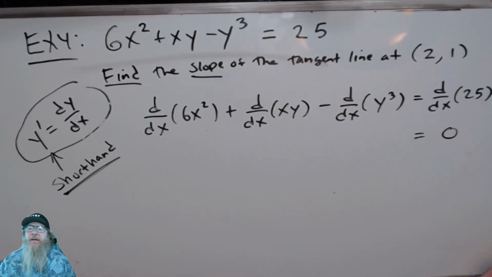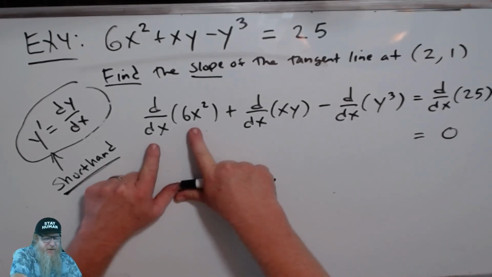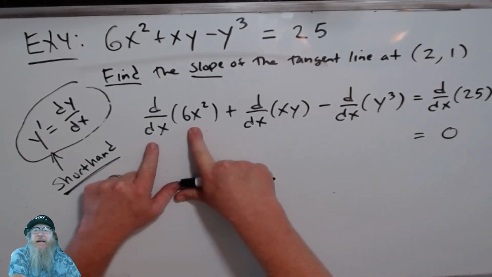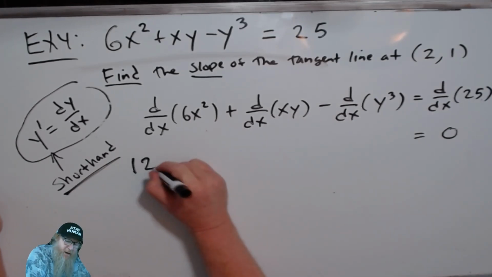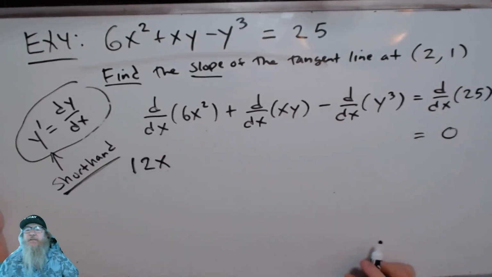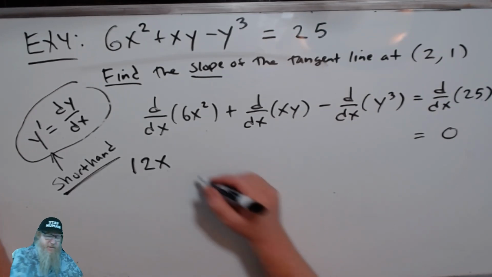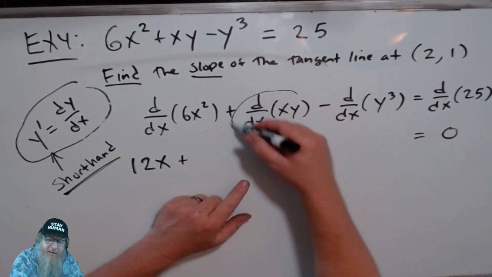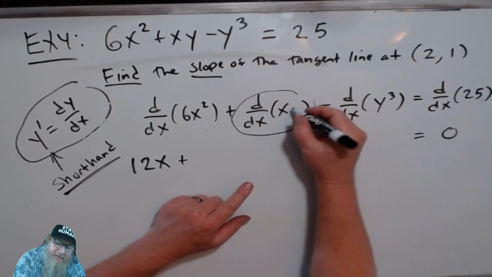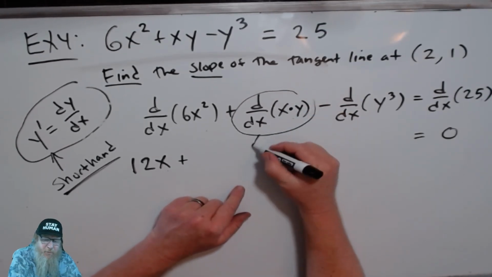All right, this is going to be a little kind of messy here. So the derivative with respect to x of 6x squared. That's just 12x. That's probably the easiest of all of them. Now here it's going to be tricky. This is x times y, so I've got a product rule.